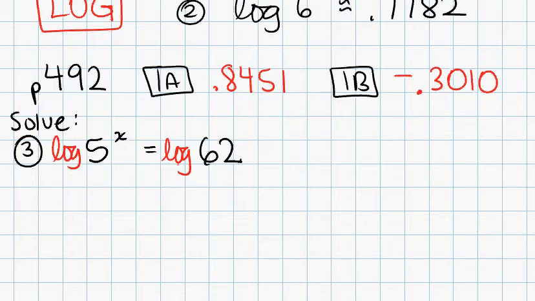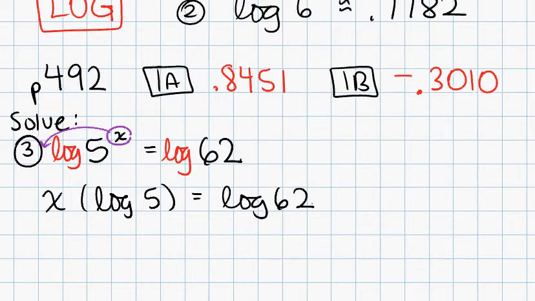And now you can use your calculator to evaluate those 2 numbers. What is the log of 5? And the log of 62? So you have some decimals. What you're going to do is first use the power property. So we have that x log 5 equals log 62.